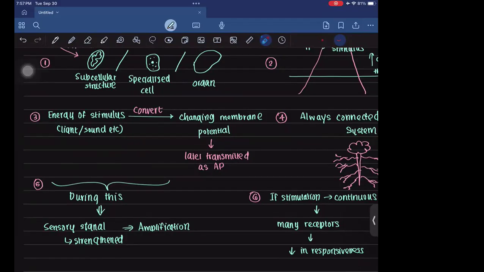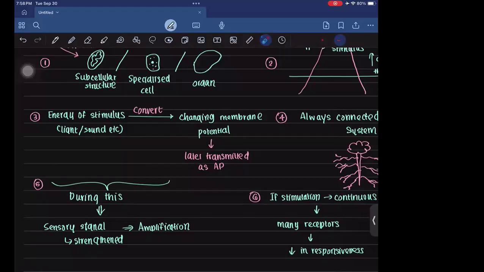So during this process, when they are converting the energy of the stimulus into changing membrane potential, which means they are sending sensory signals, they can strengthen the sensory signal. That means if there's a certain energy, they can amplify it, they can strengthen that signal, and that process is known as sensory amplification or just amplification.